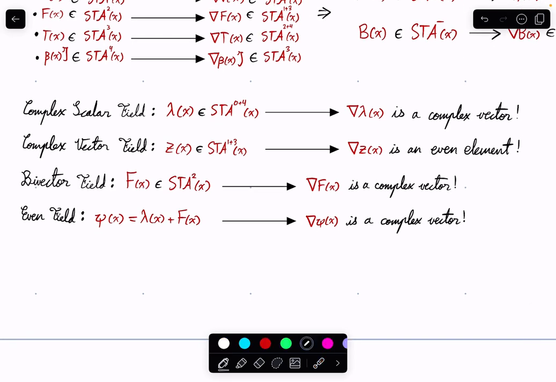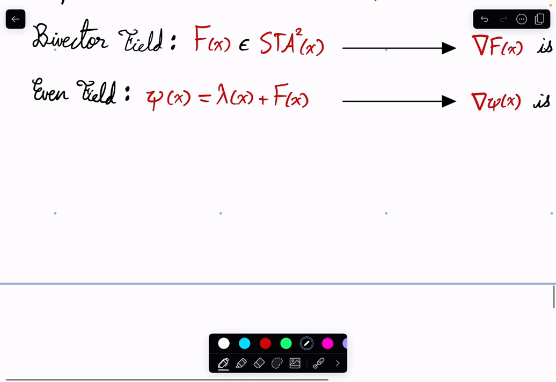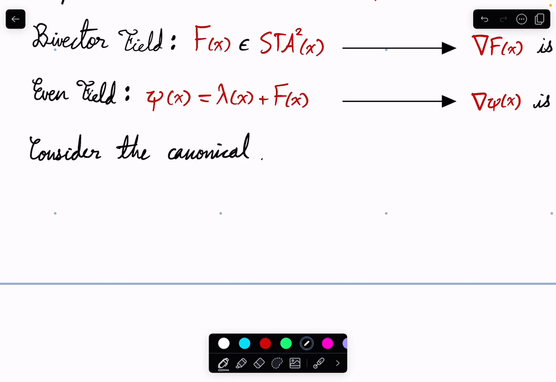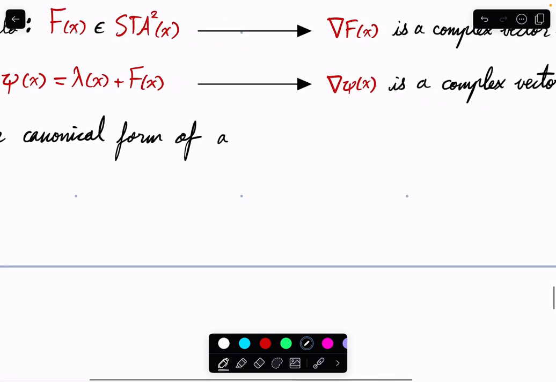So let's consider just the canonical form of a bivector, just to see how phase factors interact with the gradient.